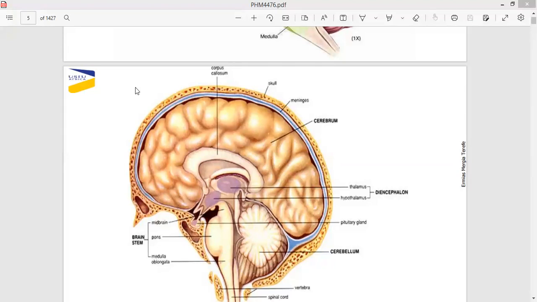The different lobes and their functions. We say that there are 4 lobes: the frontal, parietal, temporal, and occipital. And functions.